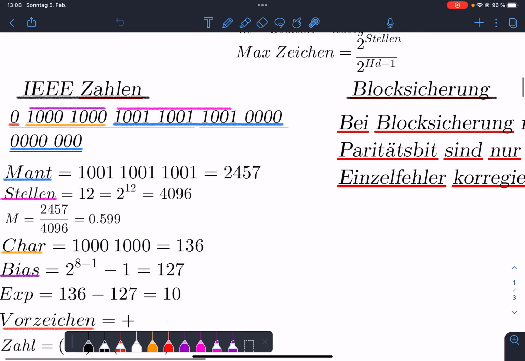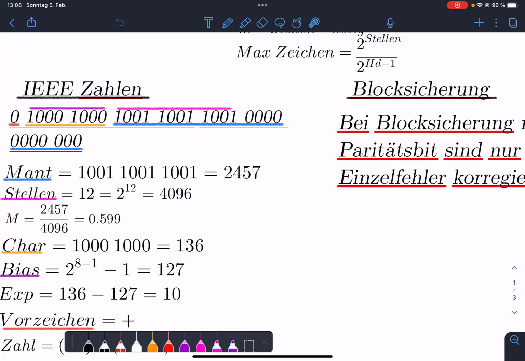So basically, we have three main components in this case. We have our sign, which is given by the red little underlined number, which is 0. Whenever we have a 1, it will be negative. Whenever we have a 0, it's positive. Then we have our character, which is basically just this big number.